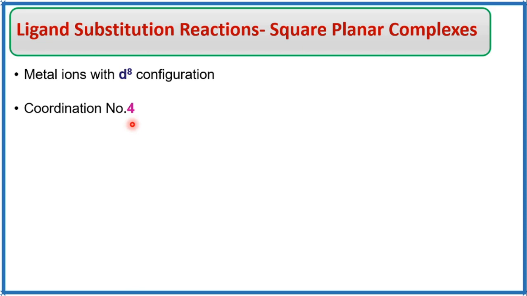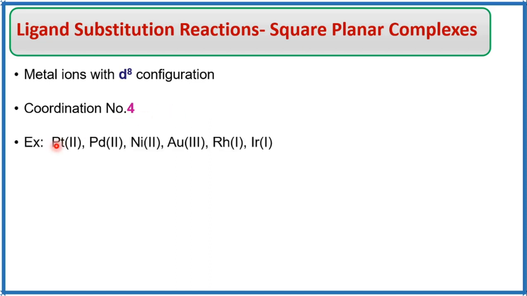That means around the metal there will be 4 ligands arranged in a square manner in a planar way. For example, metal ions like platinum 2+, palladium 2+, nickel 2+, gold 3+, rhodium 1+, iridium 1+, and these ions form square planar complexes with coordination number 4.